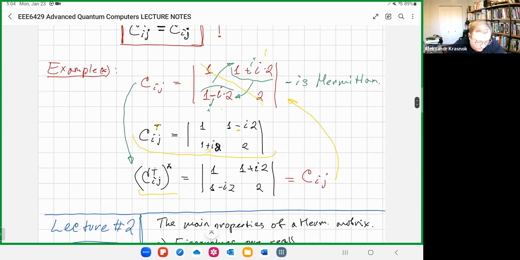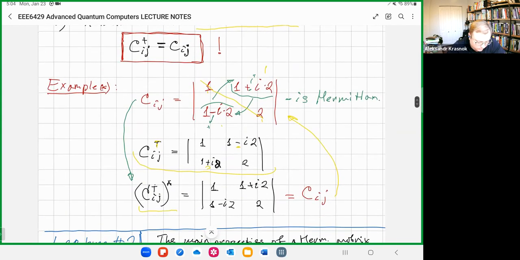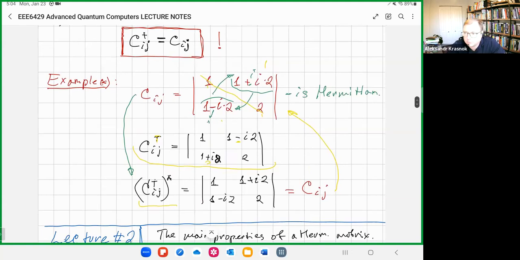Last time we continued our discussion of Hermitian matrices. A Hermitian matrix is a matrix that coincides with itself after the Hermitian conjugation operation, which is transposition and complex conjugation.